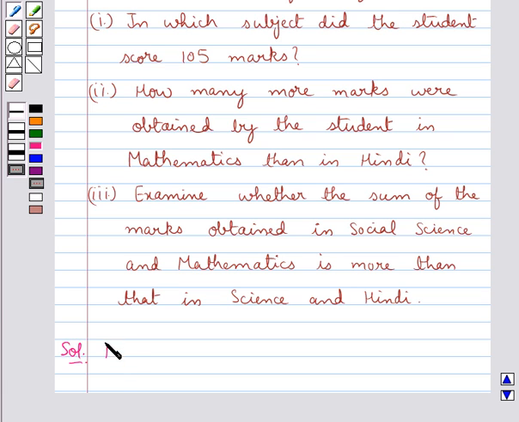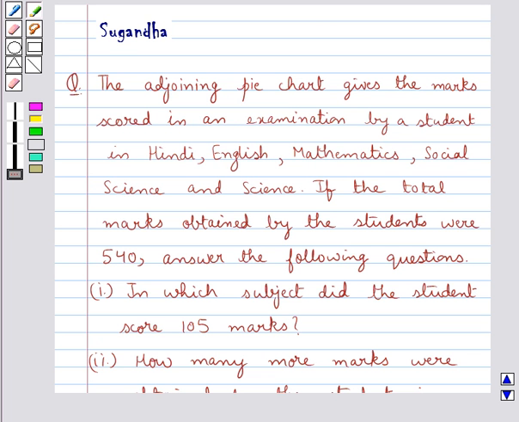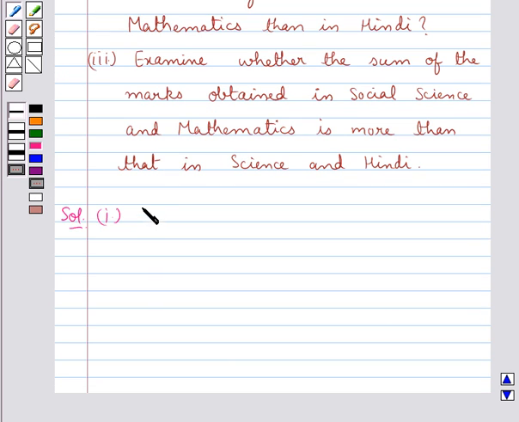Let's try answering the first part of the question, which says, in which subject did the student score 105 marks? In the question, it's given that the total marks obtained by the students were 540. So we say total marks is equal to 540.